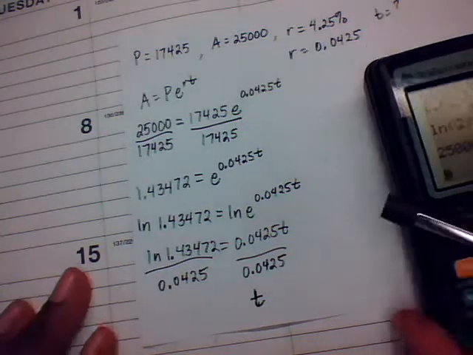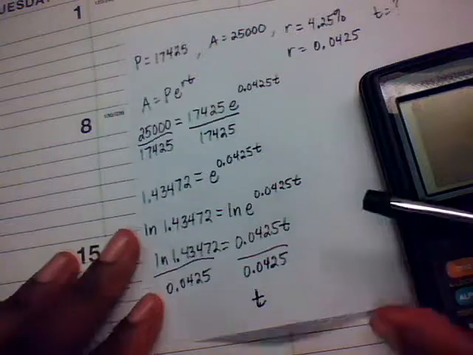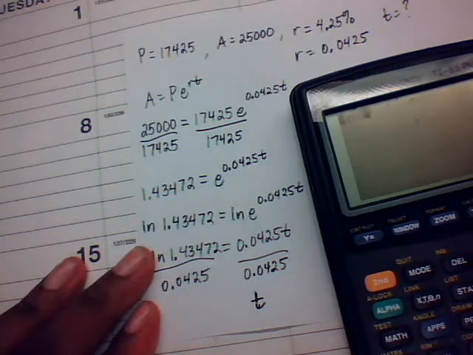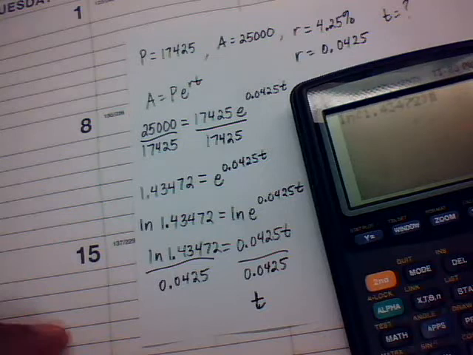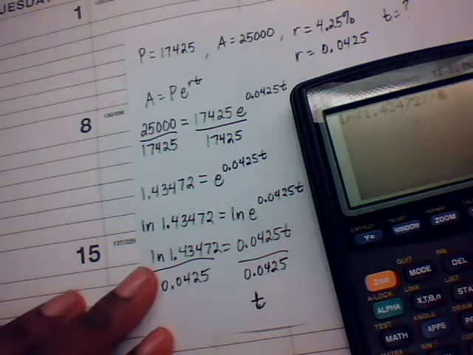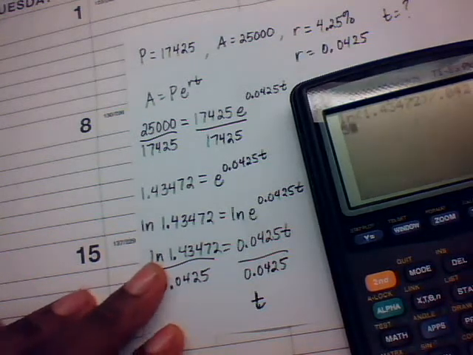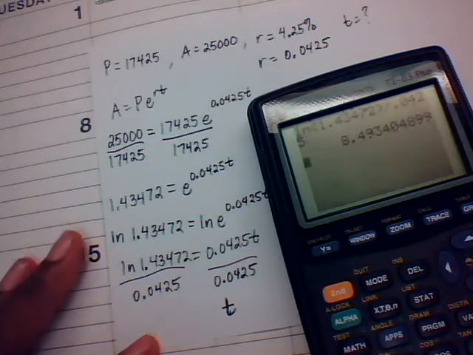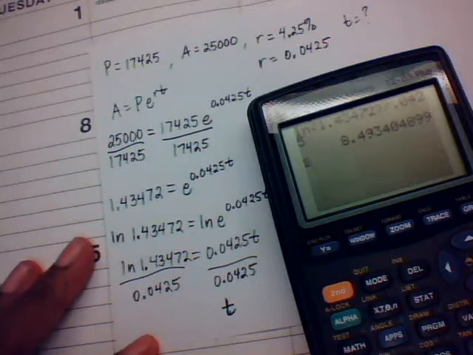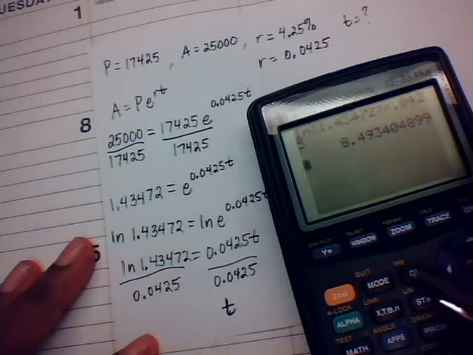Okay, now I'm going to do this. Press ln and then type in that entire decimal value of 1.43472 and close the parentheses. Divide that by 0.0425, which is what I have here. And that's going to give you 8.5, rounded to one decimal place.